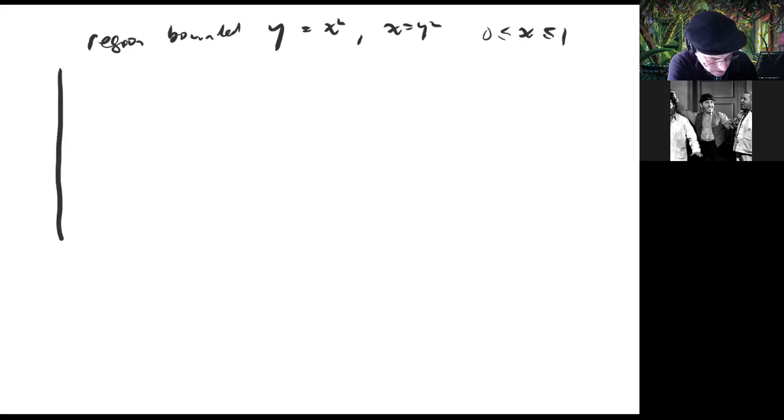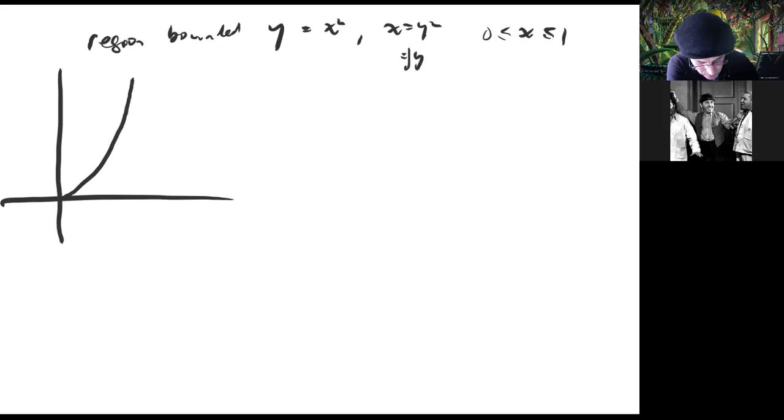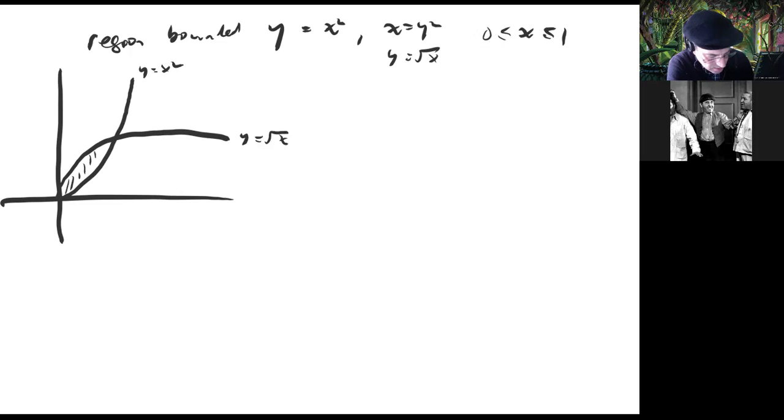So what I mean by this is you have y equals x squared, that's the parabola. I'm only caring about x between 0 and 1. And x equals y squared means that y is the square root of x. So it's this curve here. Okay, so this is the region I mean.